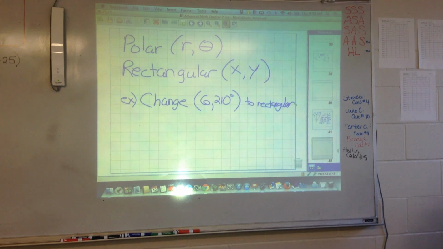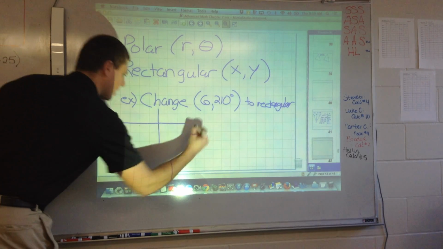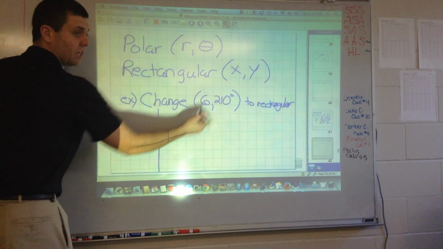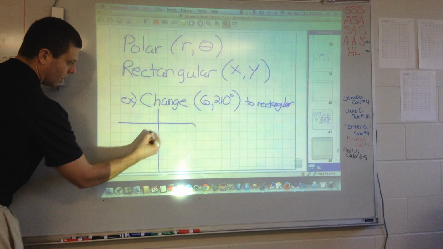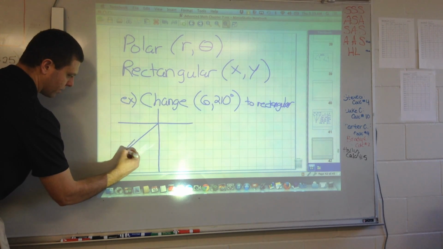Draw an angle in the third quadrant. Yeah, you could draw all the circles to get out to the 6th one, but in the end, how far is the point going to be away from the origin? 6 units. I kind of like Dakota's idea here. I'll draw my axes. He knows 210 would be in the 3rd quadrant, so I'm going to draw an angle out here to the 3rd quadrant. 6.